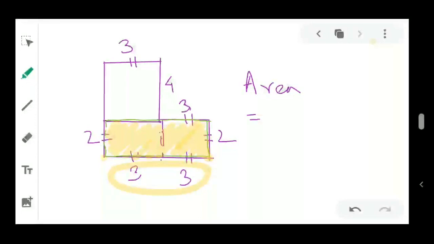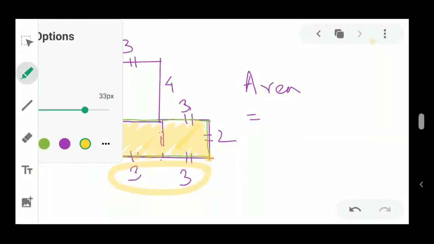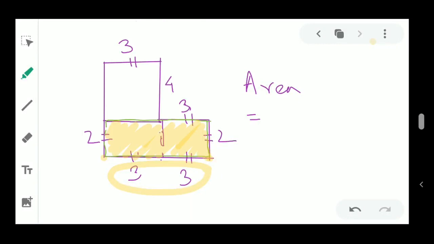So for the lower rectangle, we can say that the area will be one side, that is your 2, into another side, that is your length, that is 6, 3 plus 3, so 12 for the lower rectangle.